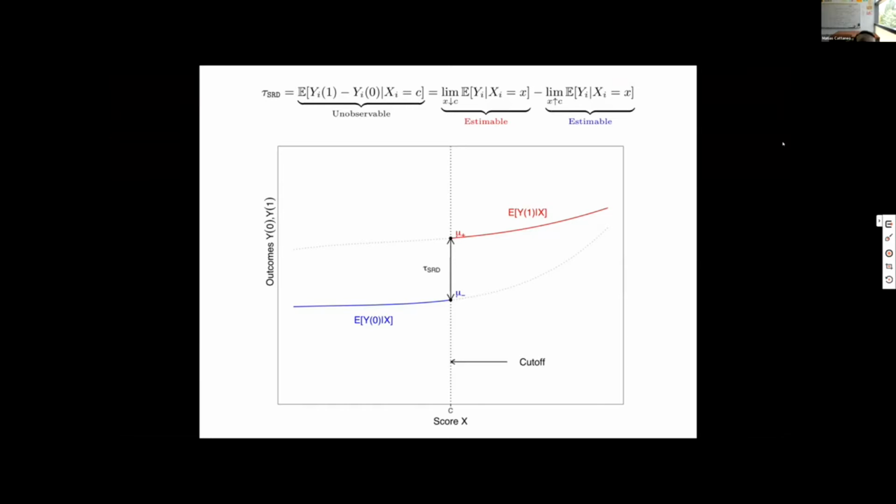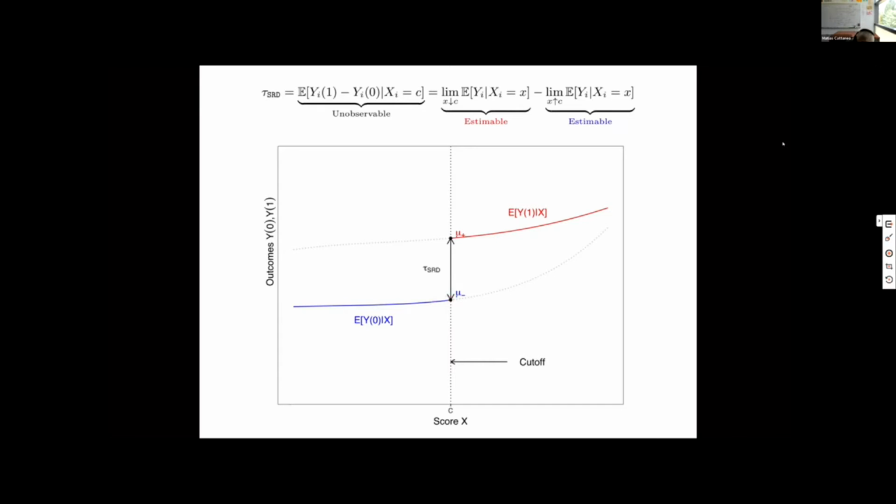Well, the core idea is that if we're interested in the vertical jump, then we could in principle try to estimate the value of the conditional expectation for the control group by estimating that regression function to the left of the cutoff, and then somehow take a limit or project it down or extrapolate it if you wish, or interpolate it depending on the values that you have in your data, but ultimately generating an estimate of the conditional expectation from the left to the cutoff point.